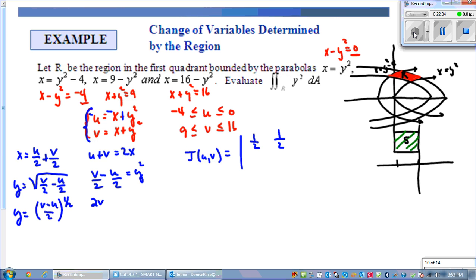So the partial of y with respect to u will be 1/2 times (v minus u over 2) to the -1/2 times the derivative of the inside with respect to u, which will be -1/2.